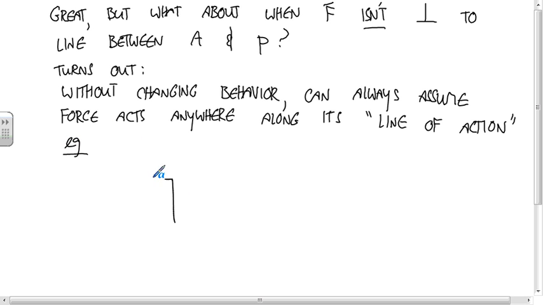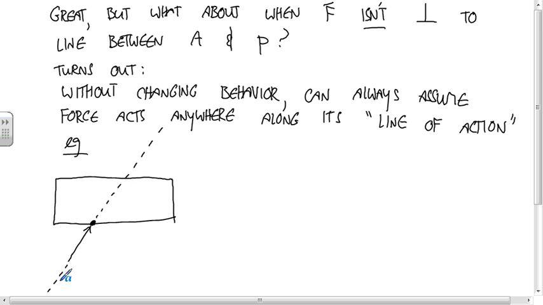So if you have an object and a force is applied here, without changing the behavior of the system, you can move that force mathematically anywhere along this dotted line.